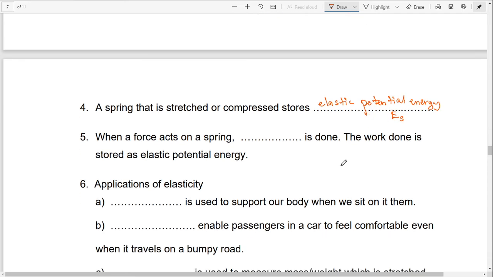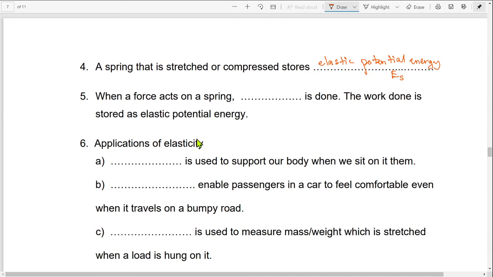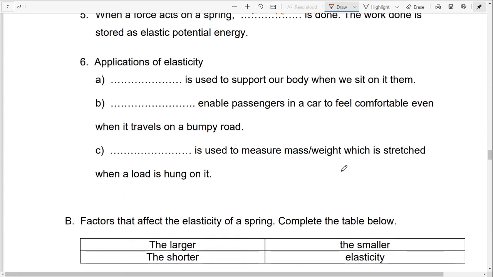Okay, 5. When a force acts on a spring, work is done. The work done is stored as elastic potential energy. So applications of elasticity. Here, a cushion is used to support our body when we sit on it.